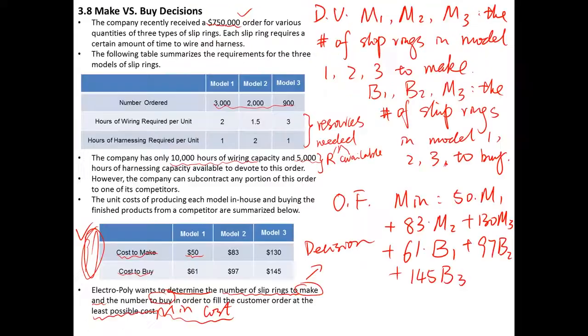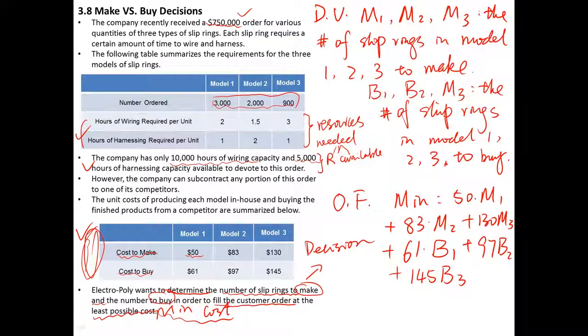Then let's go back to see if we need some other constraints. Okay, so these two rows are already used. Check. We used these and also used these ones. Then what we didn't use so far are those numbers. These numbers represent the customer order that we have to fill. Remember, in this last sentence, we said we need to fill this order.